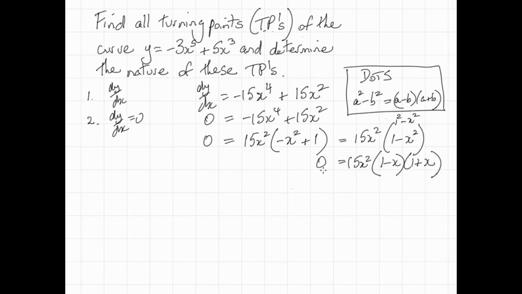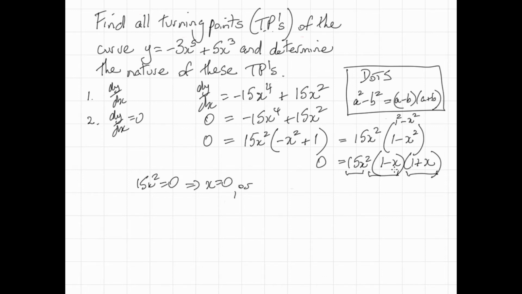Now there is what's called the null factor theorem that says that if you've got 2 or 3 or 4 factors that multiply together to give you 0, at least one of these has to be equal to 0. So we can solve each of those factors. 15x squared equals 0, and there's only one possibility there, and that's x equals 0.